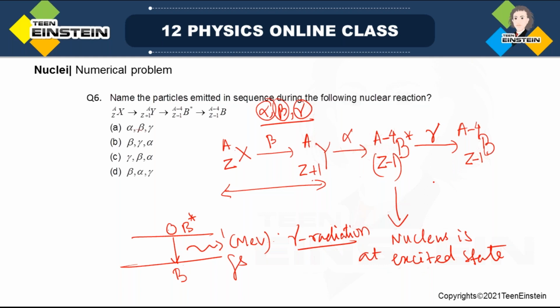By gamma decay, a nucleus which has greater energy than its ground state level releases the excess energy and comes to its ground state to have a minimum energy configuration. So this is the sixth question. We have got beta, then alpha, then gamma. Beta, alpha, gamma. So fourth option will be the correct answer.